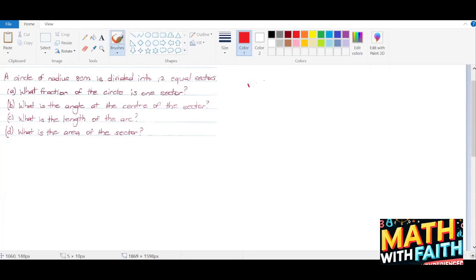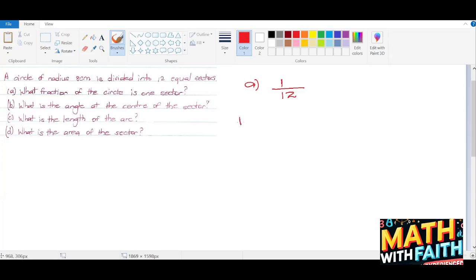The first question is, what fraction of the circle is one sector? If it's divided into 12 equal sectors, one sector will be 1 out of the 12 sectors. So the fraction of the circle that's one sector is 1 out of 12.